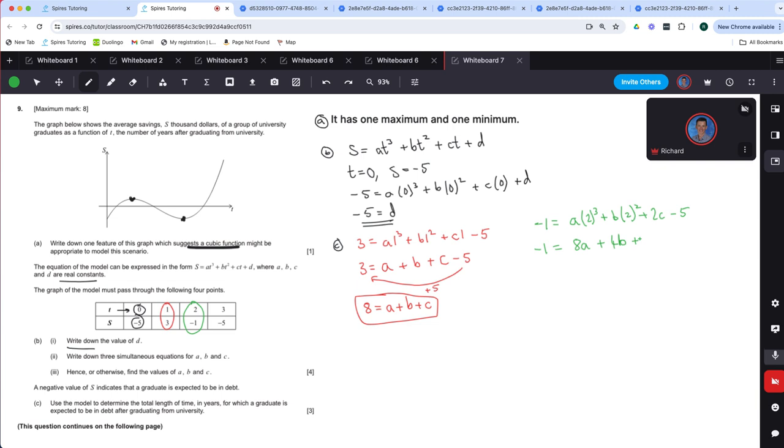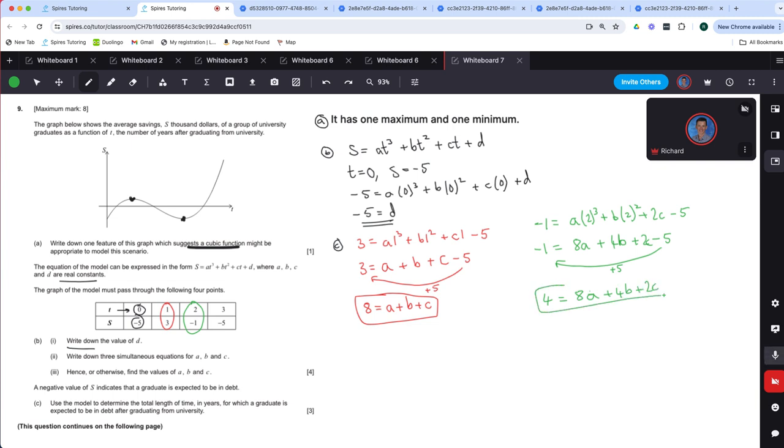Then I've got plus 2C, and then the -5, and I'm going to do the same thing. I'm going to bring my -5 over by adding 5 to both sides. So -1 plus 5 is 4. So I get 8A plus 4B plus 2C equals 4. So that's my second equation.